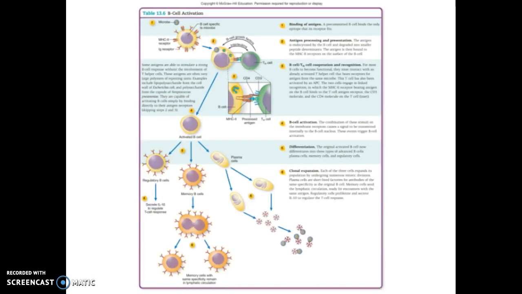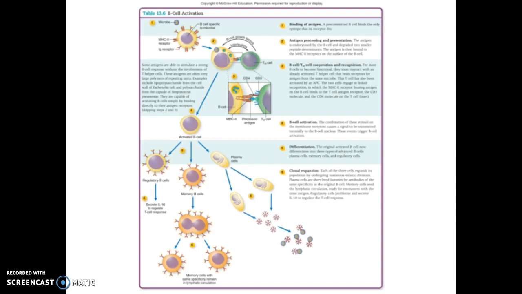So here is table 13.6 that looks at B cell activation, where at the very top of that table, you have the microbe coming in and finding the B cell that is specific for that molecule.